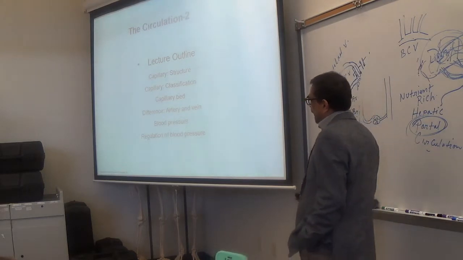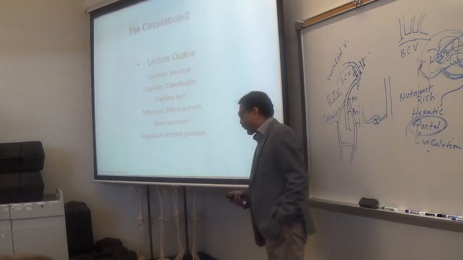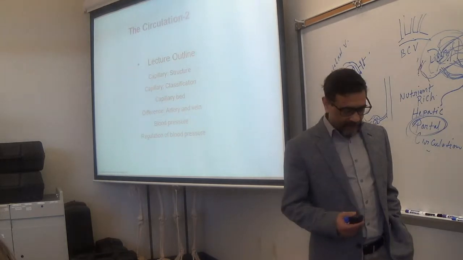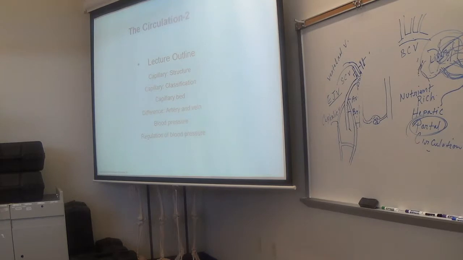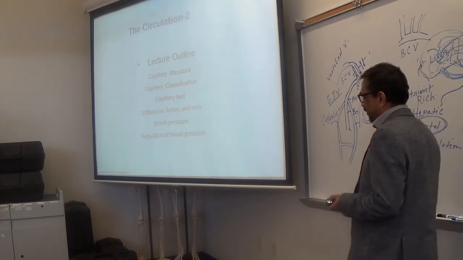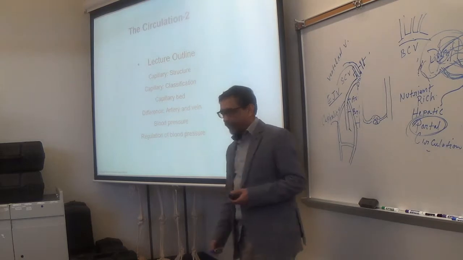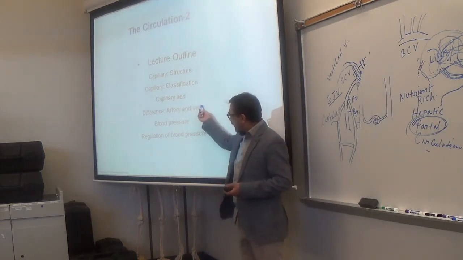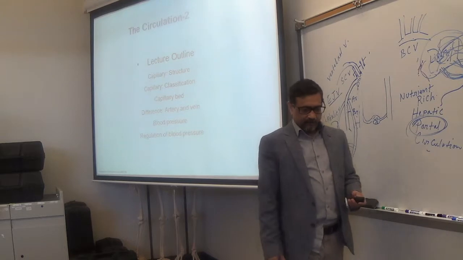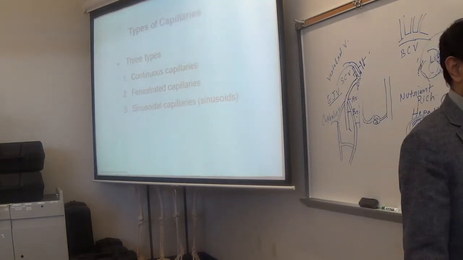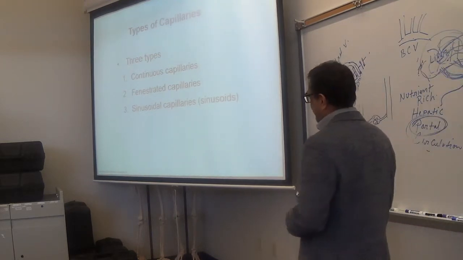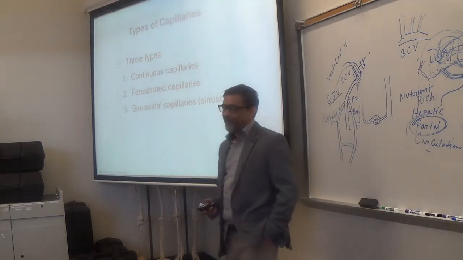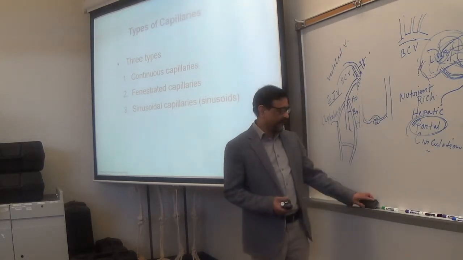We'll see the types of capillaries, the structure of a capillary bed, differences between arteries and veins, blood pressure, and regulation of blood pressure. This one we already talked about in the last class. Three types of capillaries are present in the body: continuous capillaries, fenestrated capillaries, and sinusoidal capillaries.